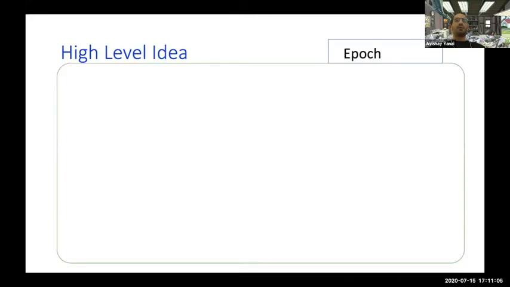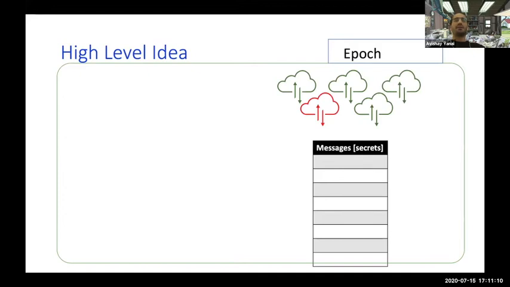So let me turn to the high-level idea of the protocol. The protocol works in epochs, such that in each epoch, the servers collaboratively maintain a large table of messages, where the table is initially empty. And epochs can be split either by an agreed upon time interval or by some number of accepted messages.